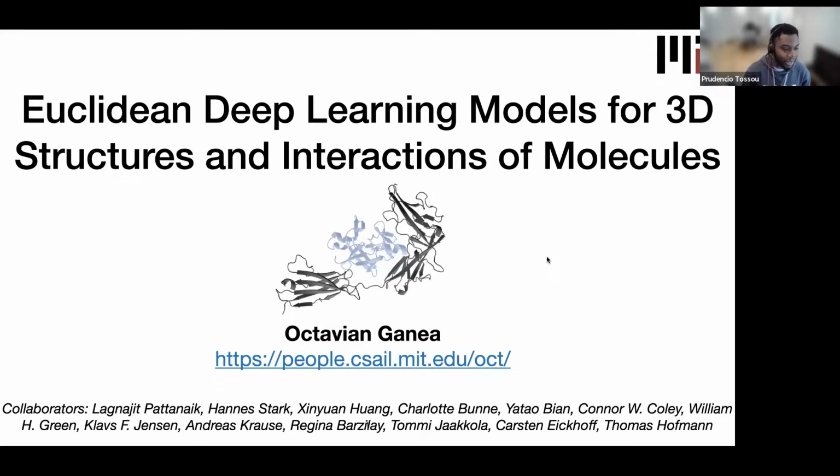About Octavian: Octavian is a postdoctoral researcher at CSAIL MIT, working with Tommi Jaakkola and Regina Barzilay on deep learning solutions for drug discovery and structural biology using geometric and physical-induced biases. He received his PhD from ETH Zurich under the supervision of Thomas Hofmann, working on non-Euclidean representation learning for graphs, hierarchical data, and natural language processing.